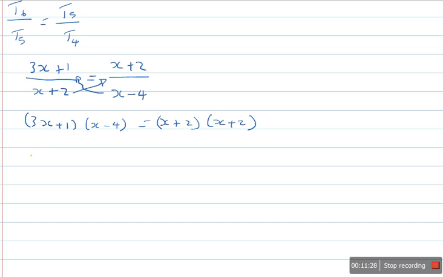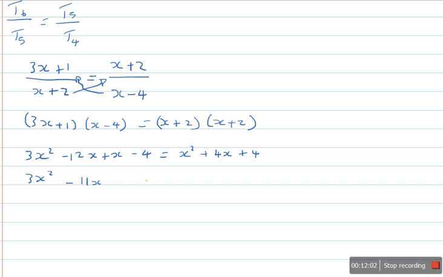So we must multiply out. We're going to have 3x squared minus 12x plus x minus 4, so this side is 3x squared minus 11x minus 4.